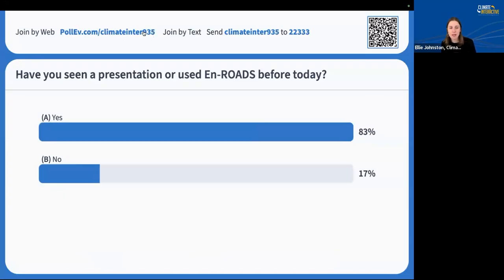Let the votes come in, and just to kind of get a sense of who's in the room today and who's with us. We have a big group joining, and I know many of you all are coming from all different corners of the world. I'm coming here from Western North Carolina. Eva is down in Miami, Florida.